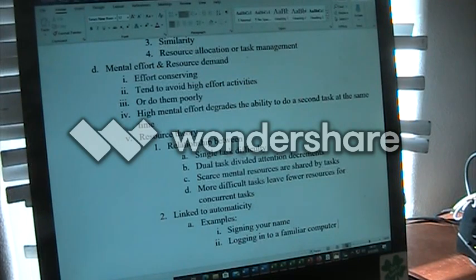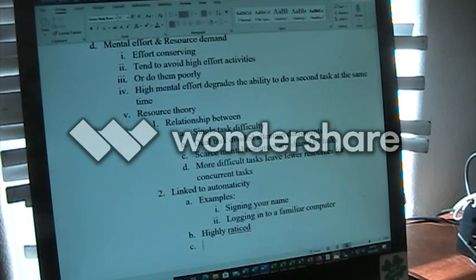All right, so it's highly practiced, carried out rapidly with little thought, and demands few mental resources.